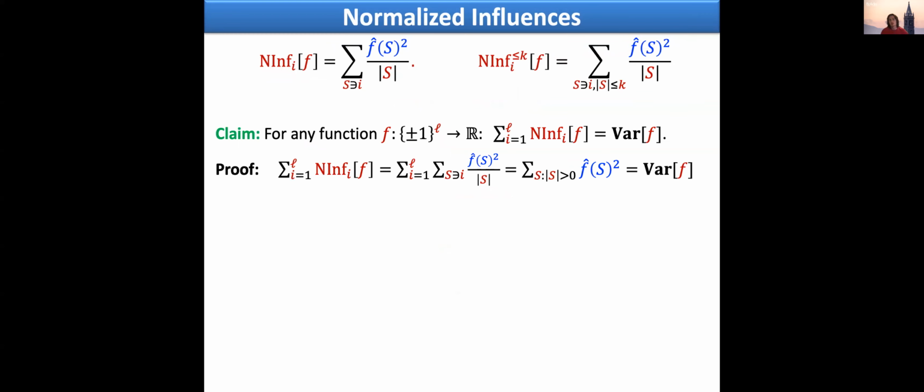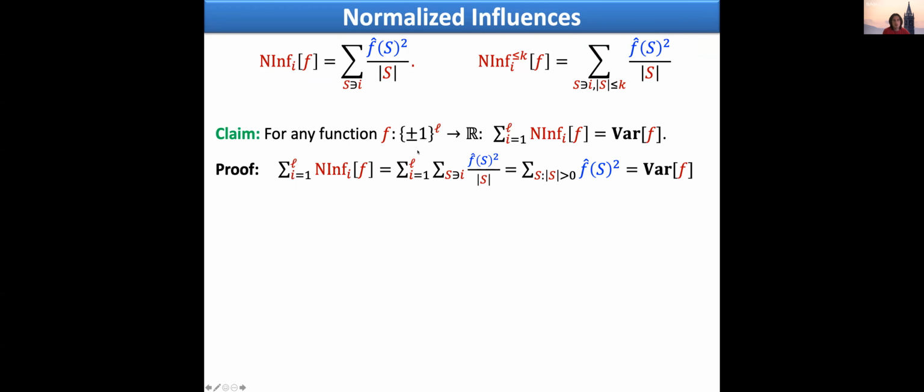So a couple claims about this normalized influence. First, if you sum over all the normalized influences of a function, you just get the variance of f, which is super nice for us because f, remember, in our setting is Boolean valued, so the variance of f is at most 1. And the proof is just a simple one-liner.